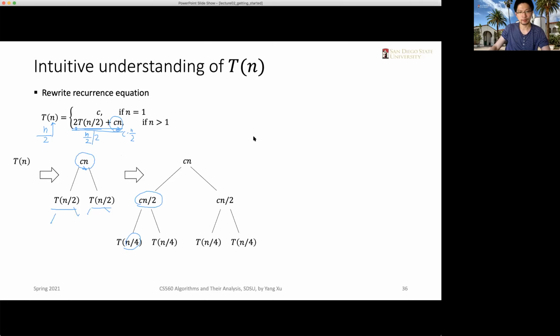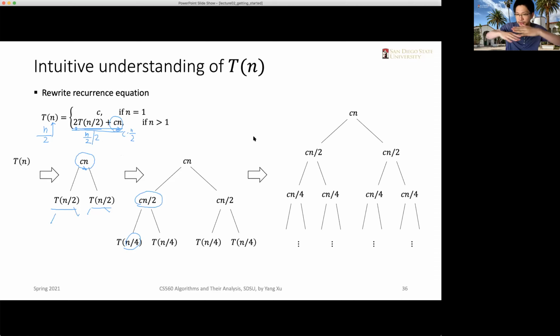And we can split as many levels as possible until we reach some point where we can no longer split the nodes, because the node values grow smaller, right?